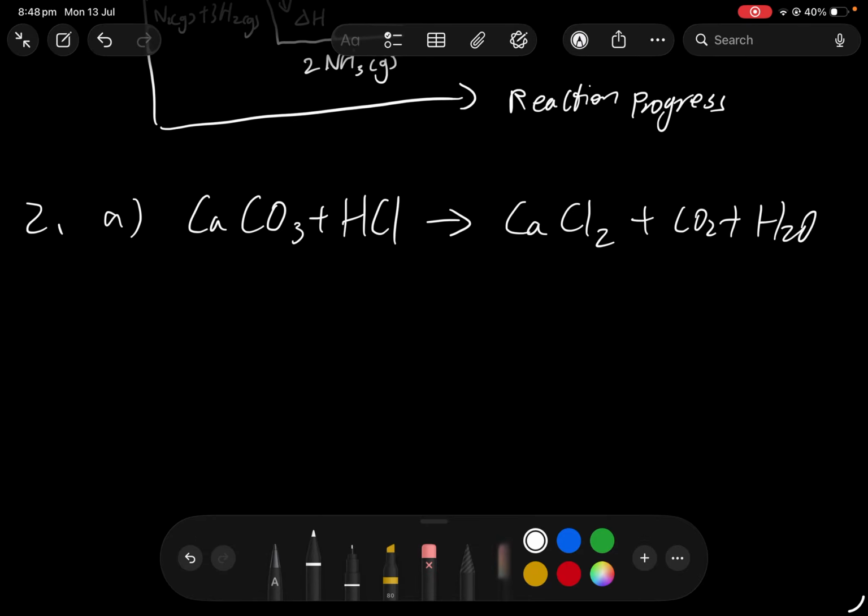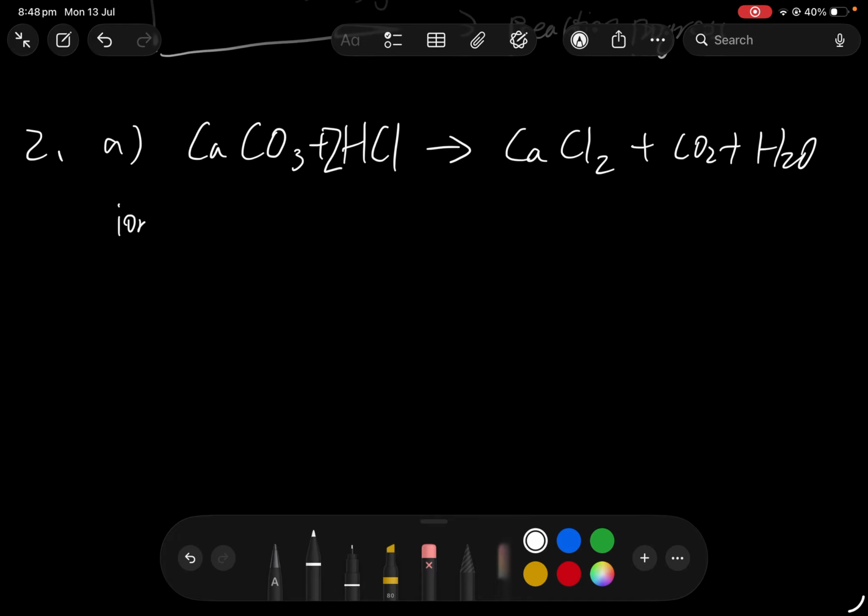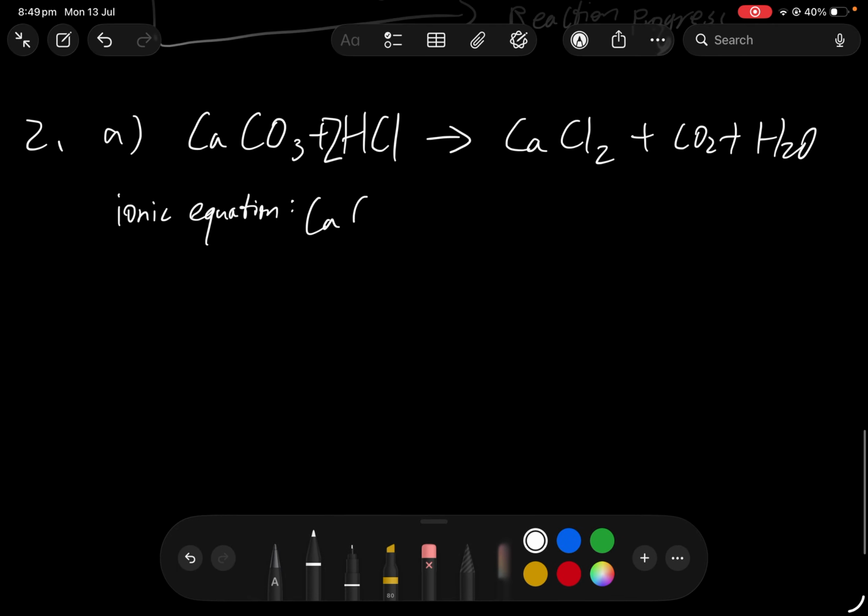The 3 O's are balanced, the C's are balanced, the H is not. So 2 here, and that's it. For the ionic equation, we don't need to include chloride anymore, so it's just CaCO3 plus 2H+ becomes Ca2+ plus CO2 plus H2O.